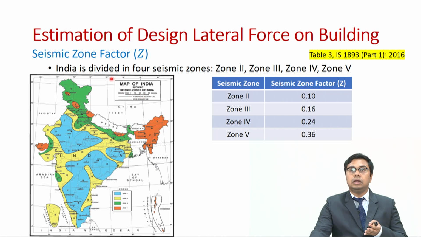So, the country is divided into 4 seismic zones, zones 2, 3, 4 and 5. As we go to the higher zone, the seismicity is higher. It means earthquakes will be frequent, there will be larger magnitude earthquakes and so on.